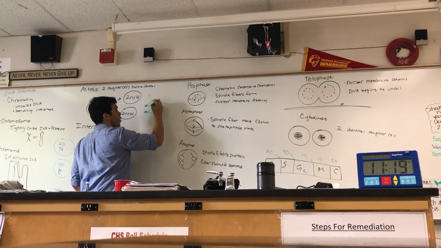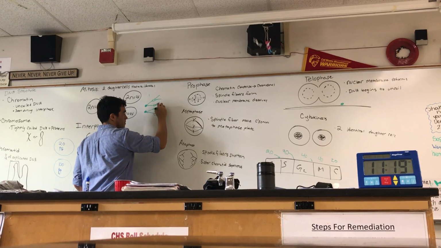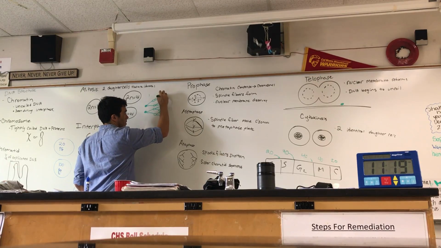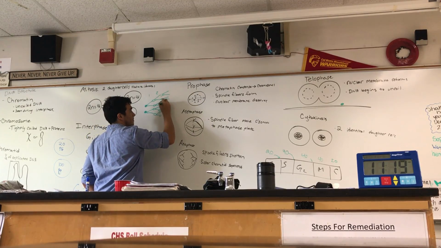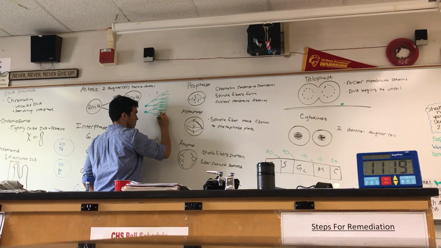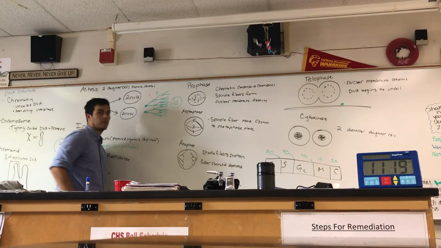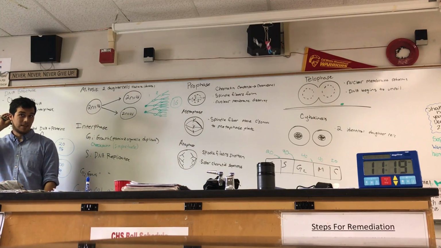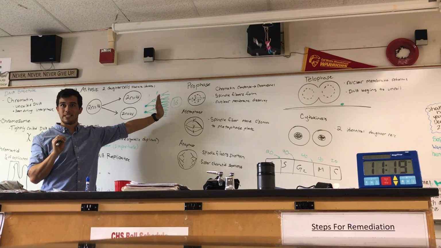Round 1, round 2, round 3. I'm left with 16, because every cell duplicates in that round, and every cell duplicates, and every cell duplicates.